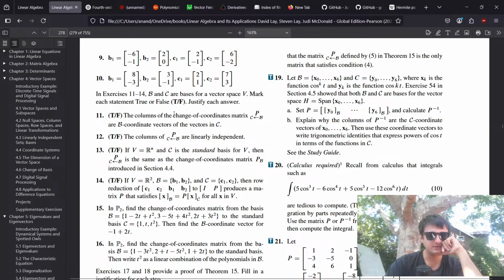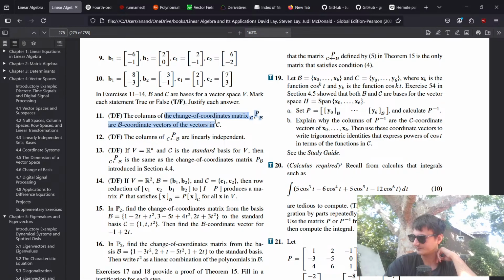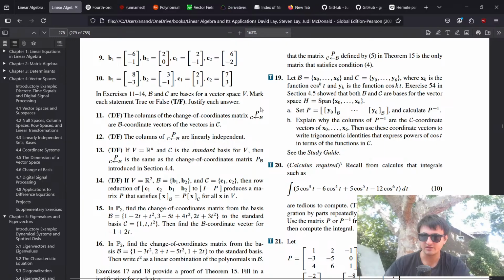And therefore, the columns of P from B to C are the B coordinate vectors of C. Oh, wait, that's from B to C, not C to B.